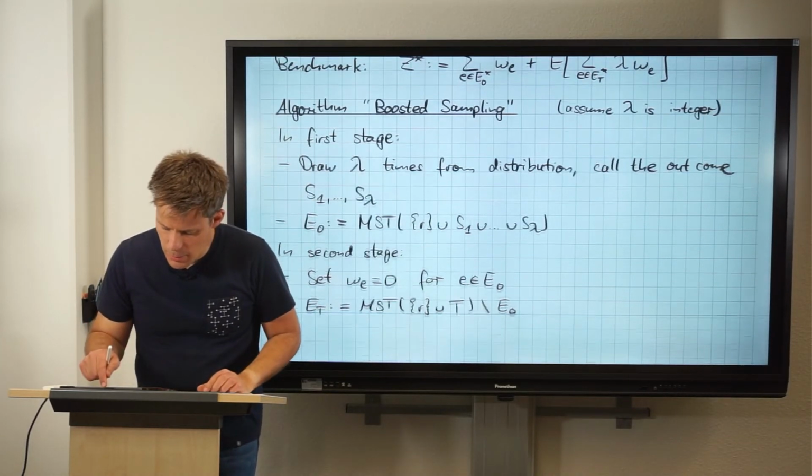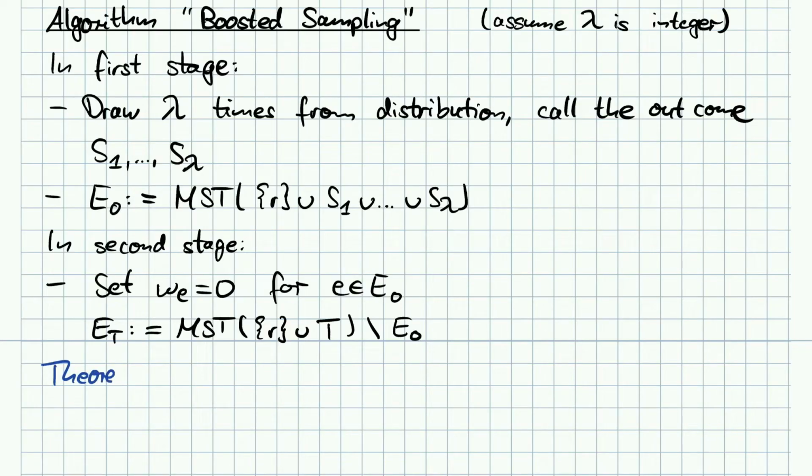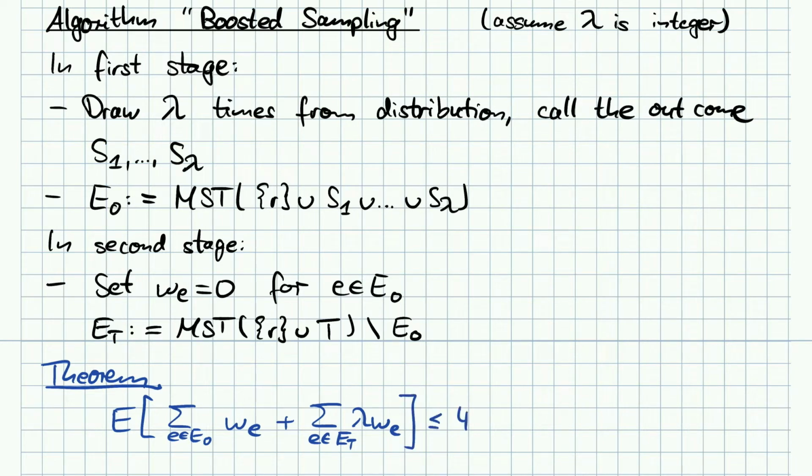And indeed, what we'll be able to show is the following. We'll be able to show that the expected cost that we pay in the first stage plus the expected cost for what we pay in the second stage, where of course costs get multiplied with lambda, will be at most 4 times Z star, where Z star is just the value of the optimal offline solution.